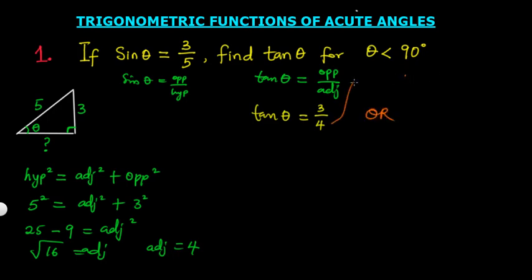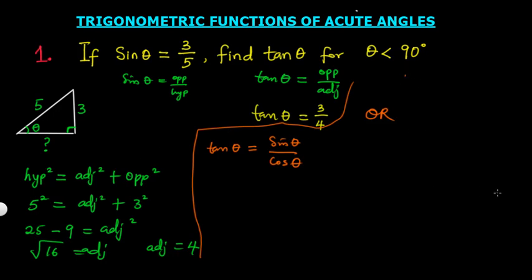Now let's look at it. We are already given this. We are interested in finding tan theta. Recall that tan theta equals the ratio of sine theta to cos theta. So to make it interesting, we already know sine theta to be the ratio of 3 to 5.